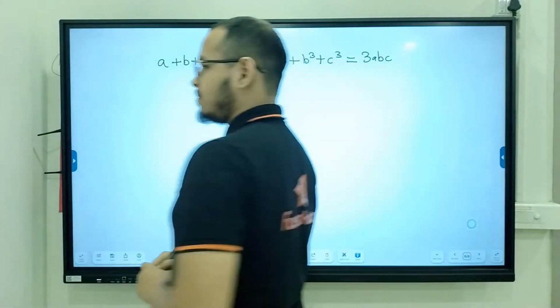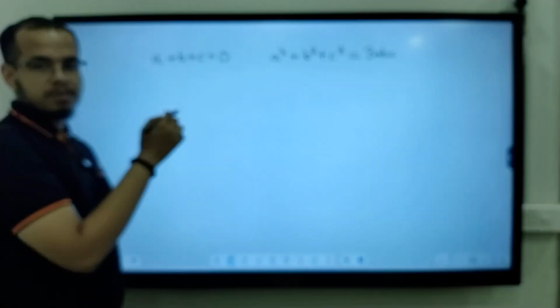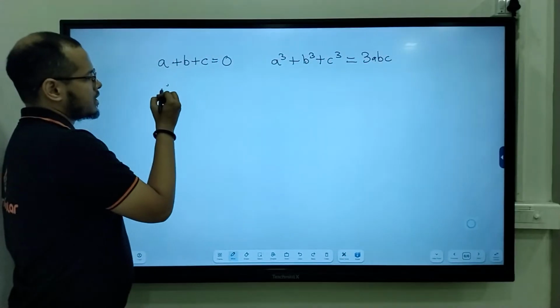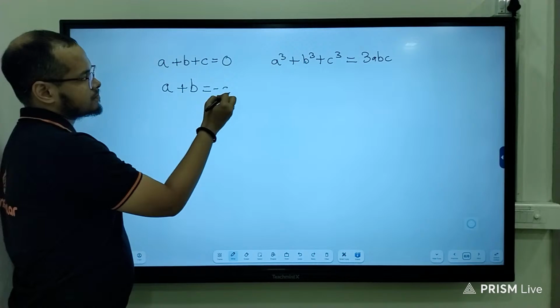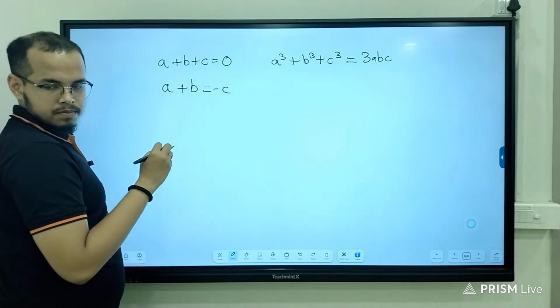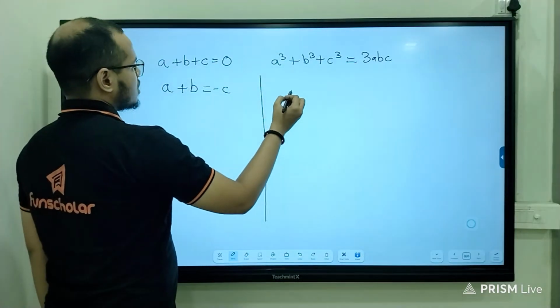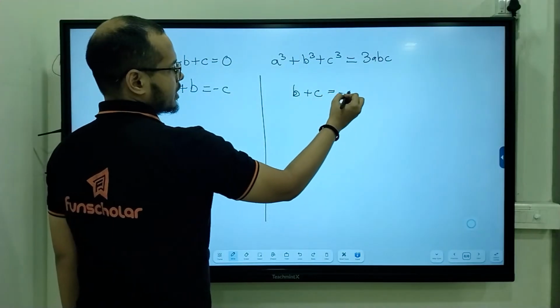So this sum can be done. In this particular sum, what we shall do is that a plus b can be written as minus c. Similarly, b plus c can be written as minus a.